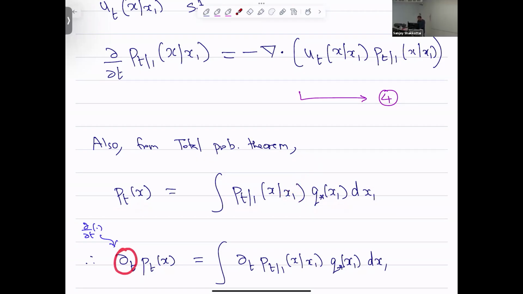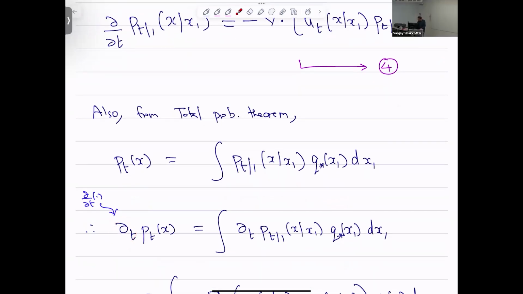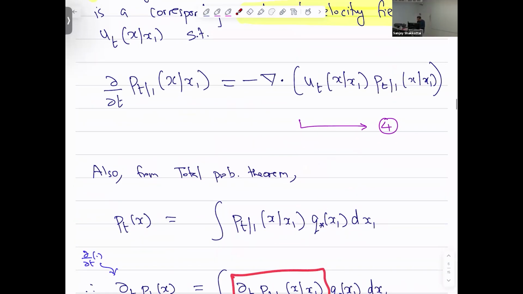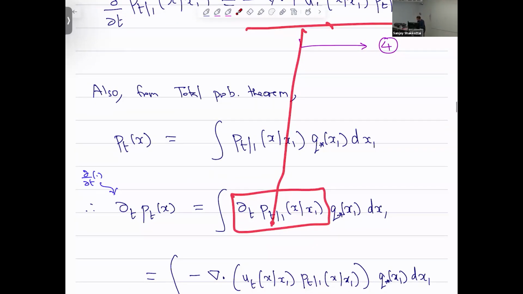So if I take the derivative, del by del t, I'll write as little del t. If I take the time derivative of this, I can push the time derivative inside. I'm just going to interchange the derivative and the integral, so it goes inside. This is the only part that depends on time, q star does not. Now, this is the time derivative of the density, and we know from the continuity equation that it's nothing but the negative of the divergence of the probability flux. So let's just substitute that in.